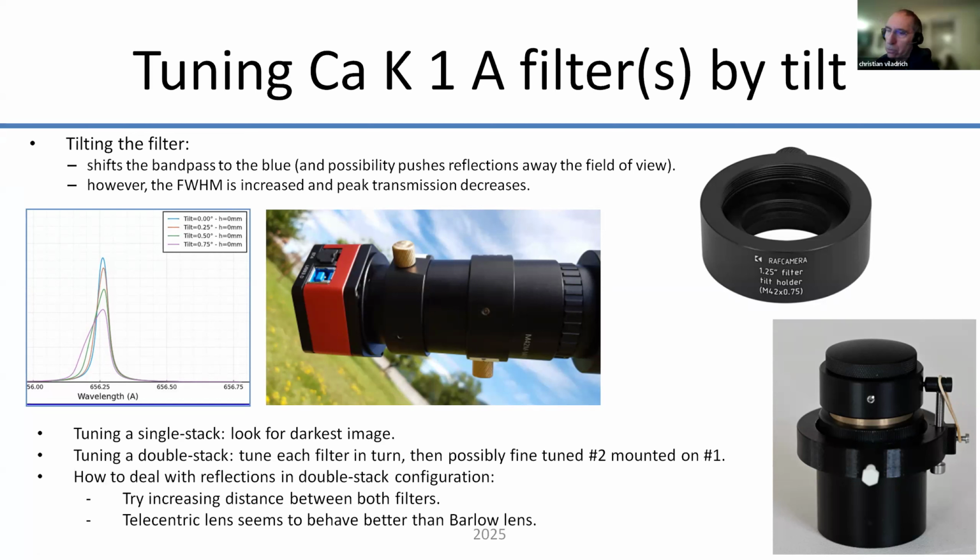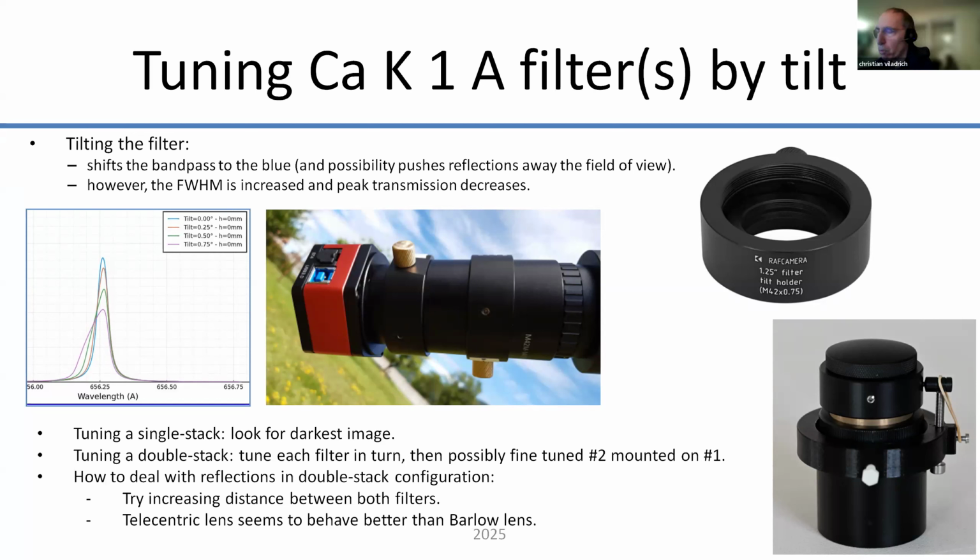And if you have two filters, so double stack, what I do is first I tune one filter, I remove the filter, I tune the other one, and then that's it. I put all the filters on top of each other, and possibly I fine tune filter number 2, in particular if there are some reflections.